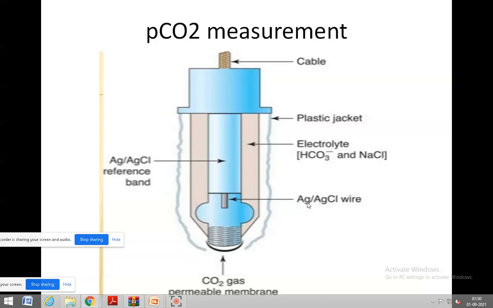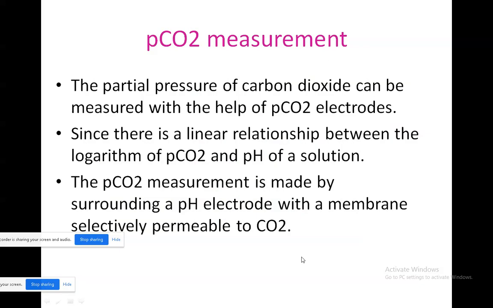Then there is a silver and silver chloride wire. This is the carbon dioxide gas permeable membrane, which allows only CO2 to enter. This will be seen in detail in the next slide.